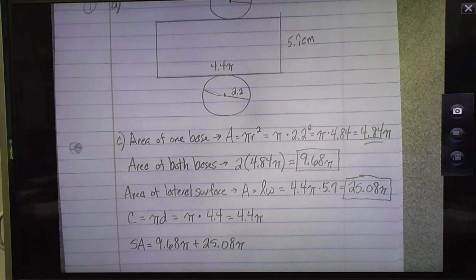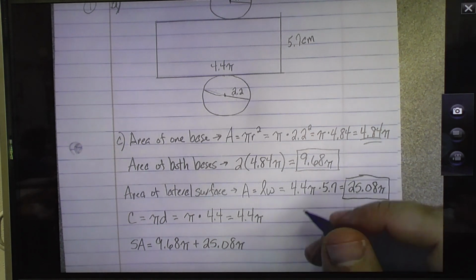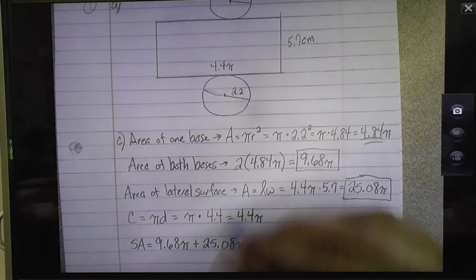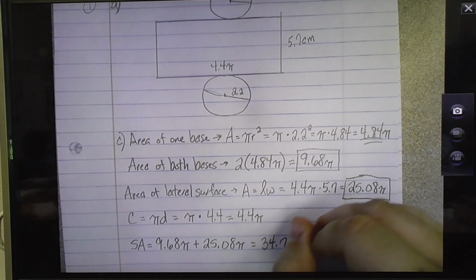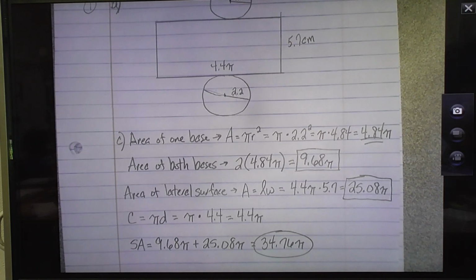Yeah, these are like terms. They both have pi, so we can add these together. 9.68 plus 25.08, and you get 34.76 pi. That is our exact surface area.